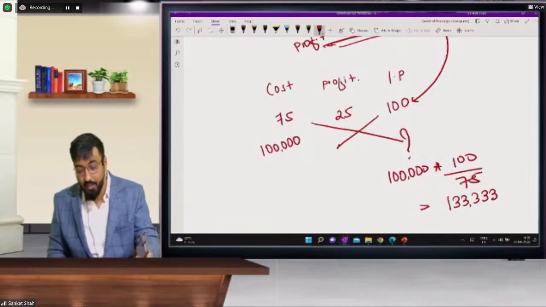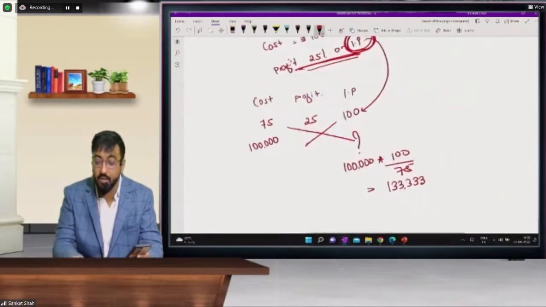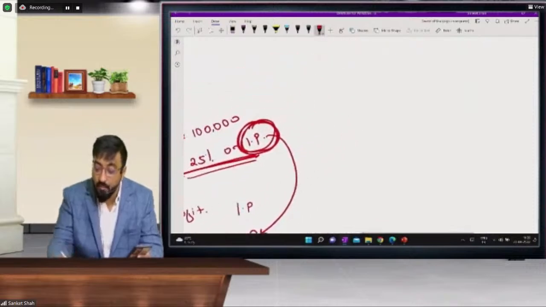Now please don't give me wrong answer. 1,25,000 is wrong. Yes, I hope you understood, or not understood. So 25% on invoice price.